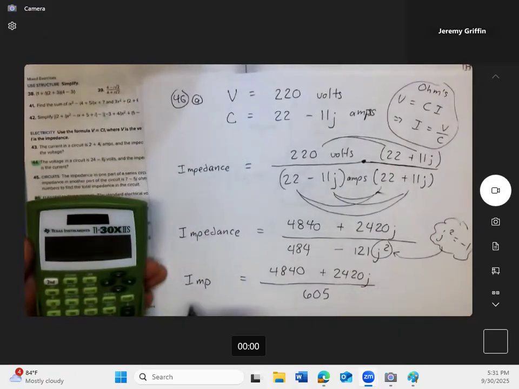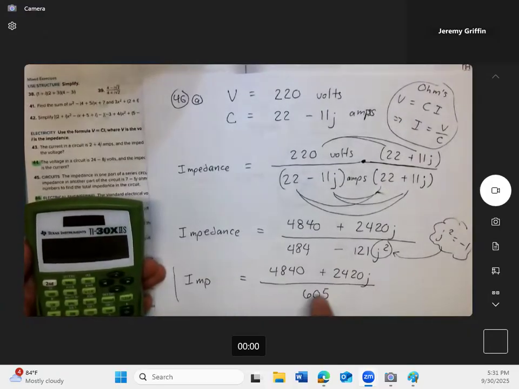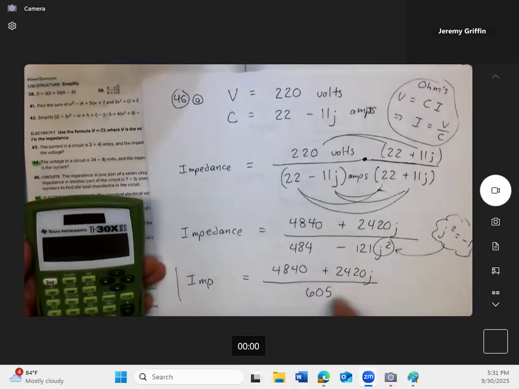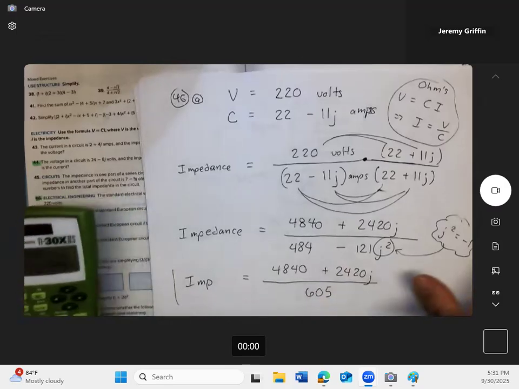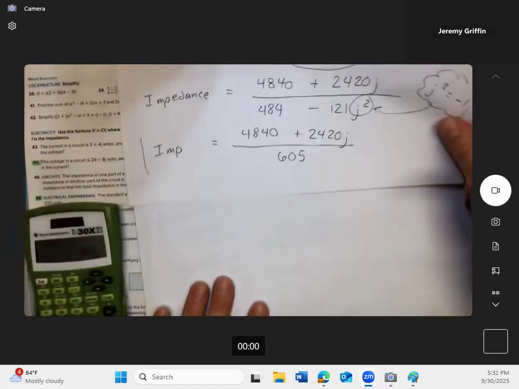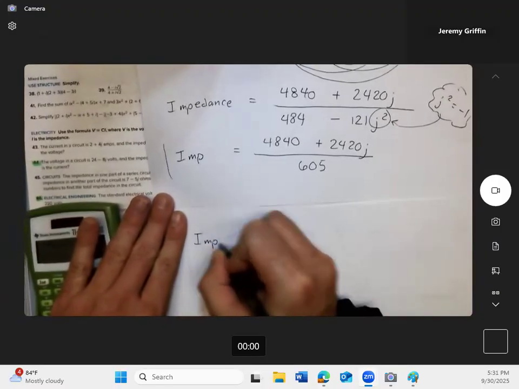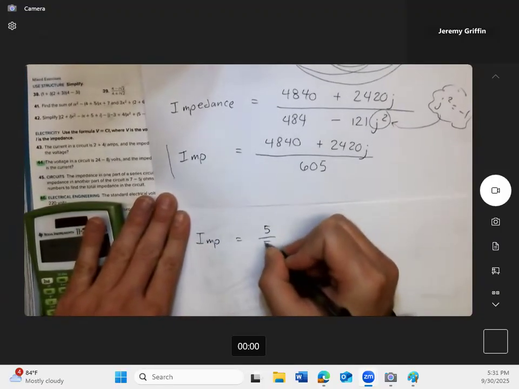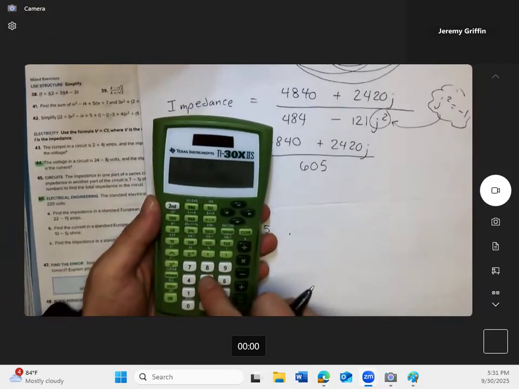All three of these numbers are perfect multiples of 5 for sure, because they end in a 5 or 0. So I can reduce that. I'll pull out a 5 over 5, so it cancels. What is 4840 over 5?